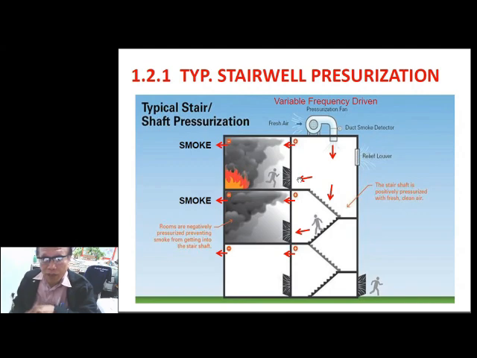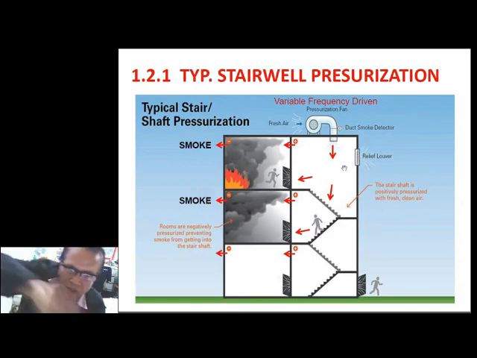Ngayon, with the advent of the variable frequency drive, mas madali nang kontrolin. Kasi maglalagay ka rito ng pressure sensor. Pagka mataas na yung masyadong pressure, pahihinain niya ang takbo ni variable frequency drive ni air pressurization fan. Okay? Nung araw kasi, naglalagay ng relief damper. Ito, no? Yung relief damper, gravity damper, no?